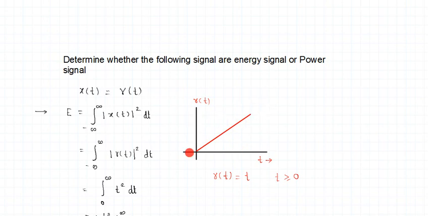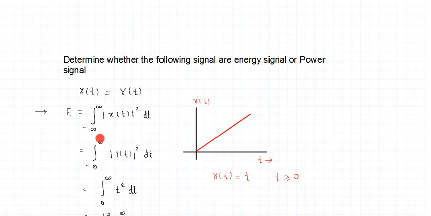Therefore the ramp signal is a linearly increasing signal. It goes up to infinity as t tends to infinity. So this is the ramp signal, and we have been asked to find its energy and power.